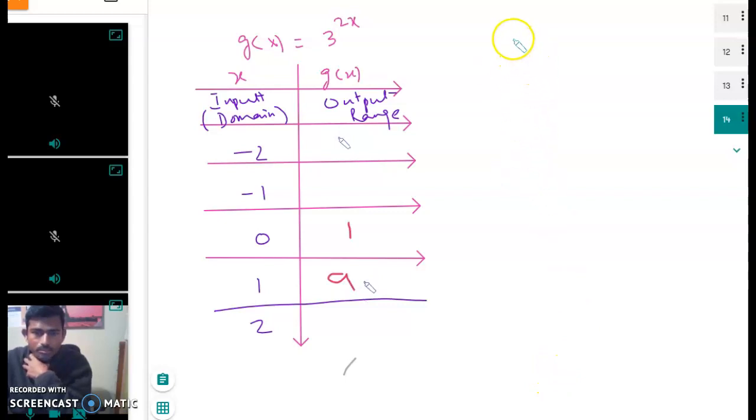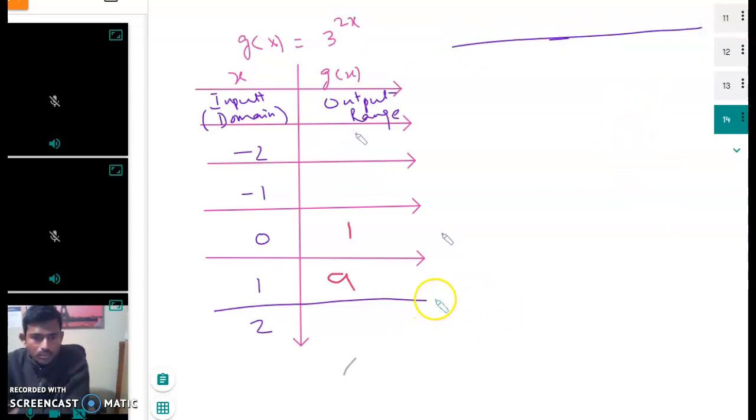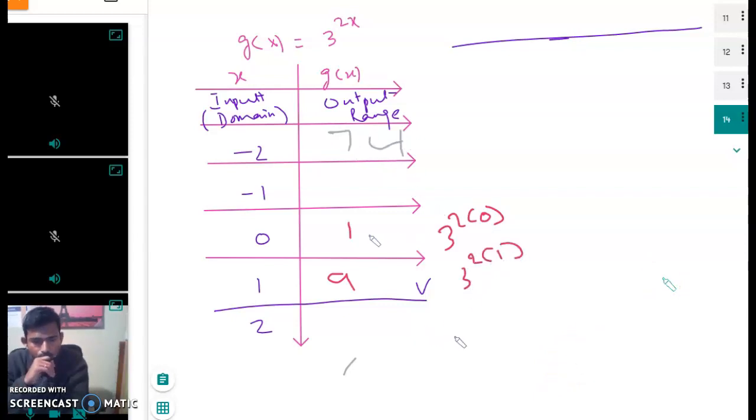If you need some space for the work, please use this space. It's better to show your work, so that way you can get some idea of this. Okay, this is good. Very good. I like your work. Nice.